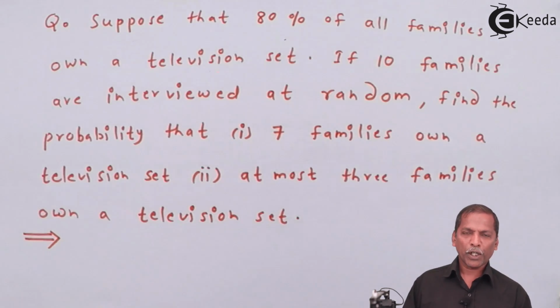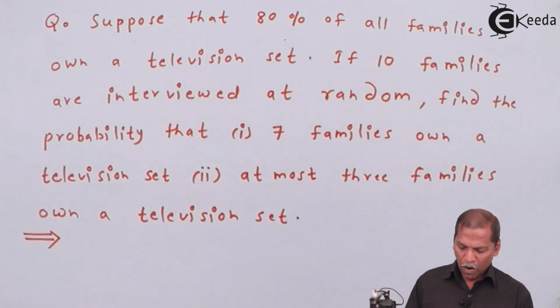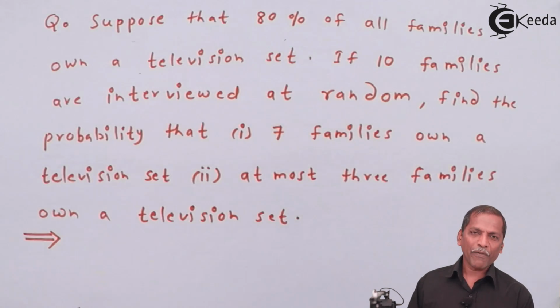Here the solution is quite simple. First of all, we denote X as the number of families who own a television set.